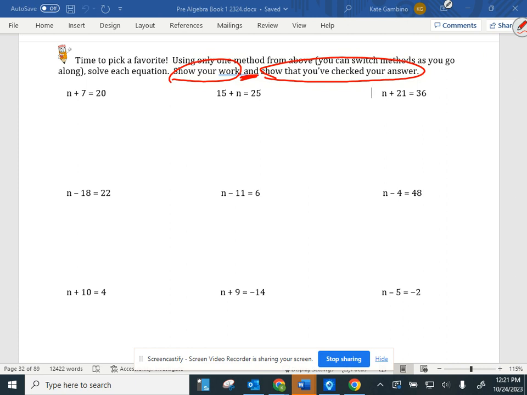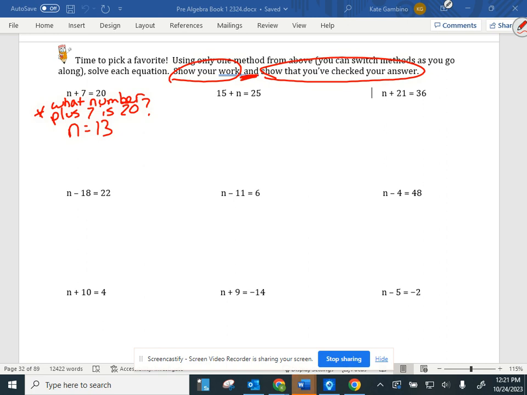You can say, what number plus 7 is 20? I know that is 13. I just knew that from mental math. I showed my work. I'm using logic.